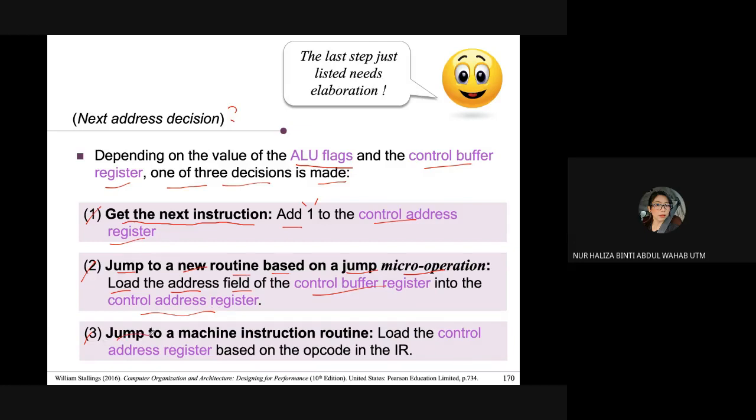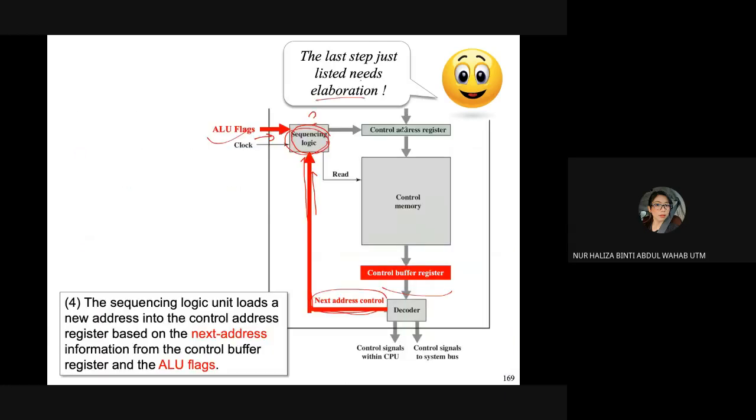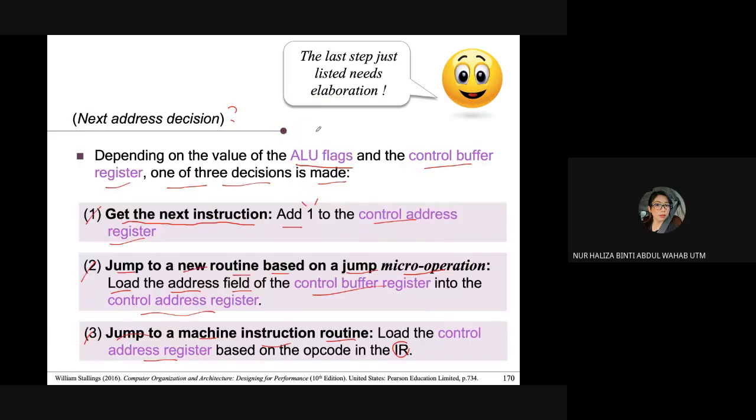And third, jump to a machine instruction routine, which is to load the control address register based on the opcode in your IR. So there are three ways for the sequential logic to decide the next address.